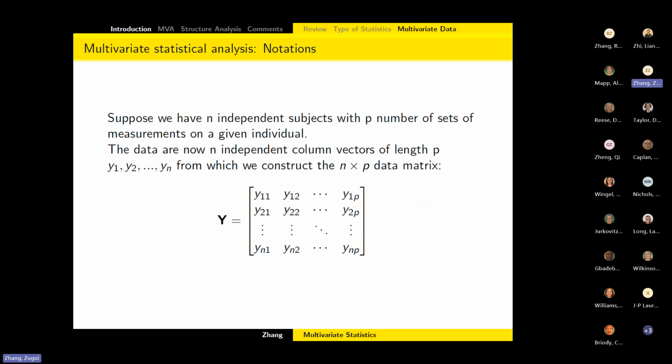Mathematically, suppose we have n independent subjects with p sets of measurements on a given individual. So we can indicate the outcome as a matrix Y, an n times p data matrix, for the p outcomes and n subjects.